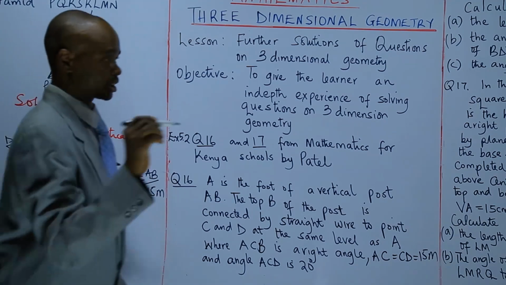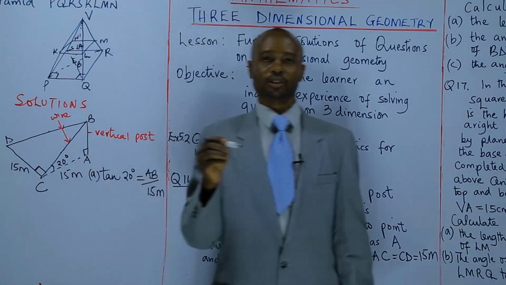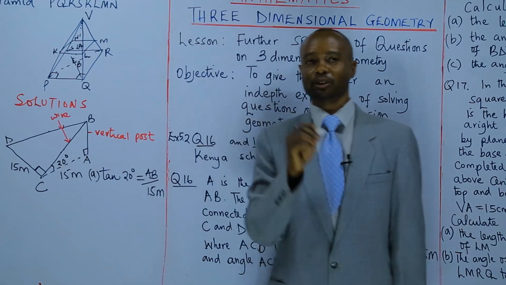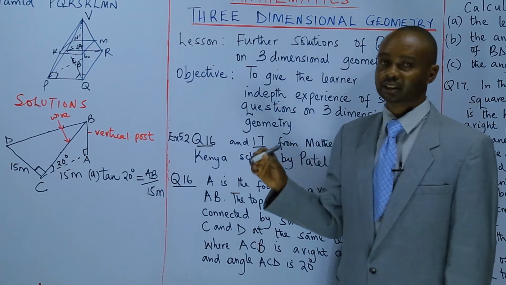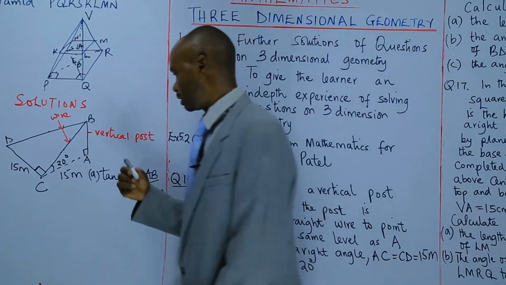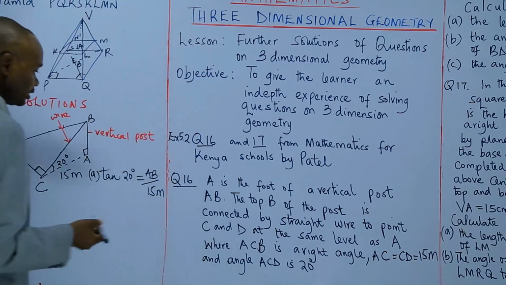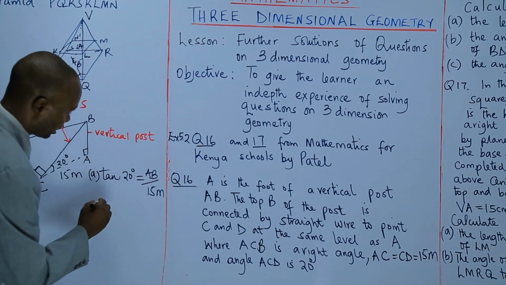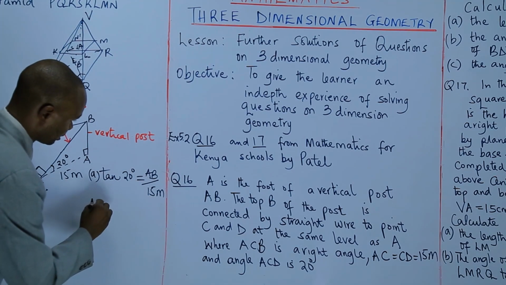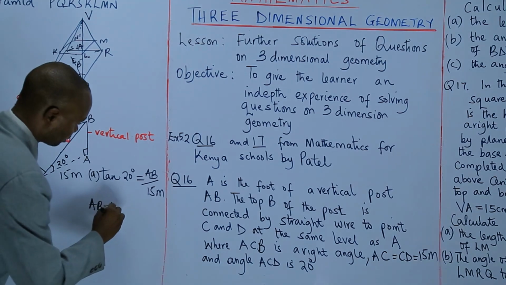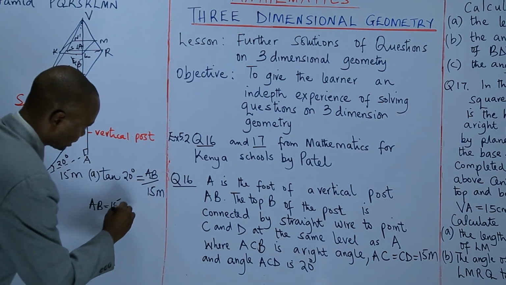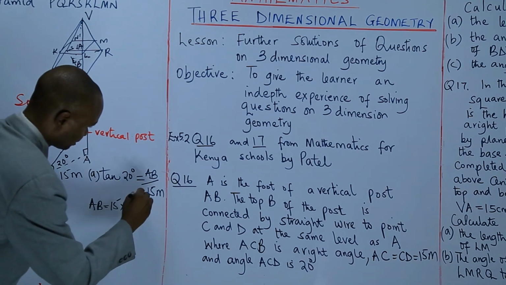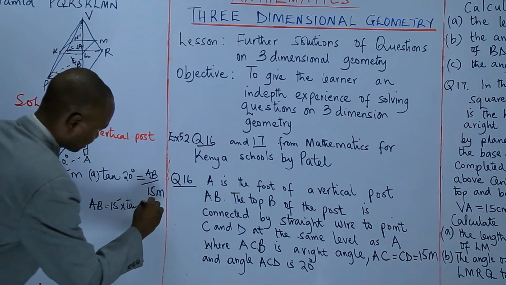That's why they say the prerequisite knowledge in this three-dimensional topic is trigonometry. You should know the tangent ratio, cosine, etc. So cross multiply: AB will be equal to 15 times tan 20 degrees.